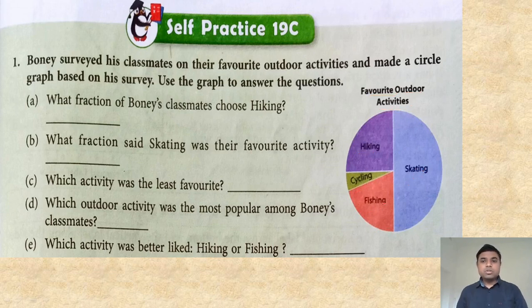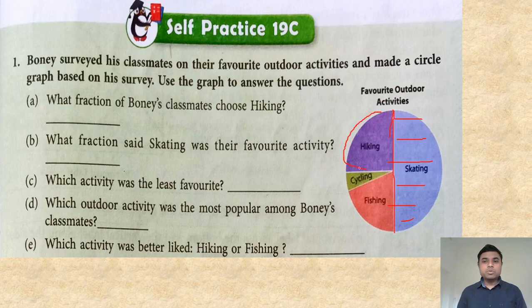Okay. So, dear students, you can see if we divide it in this way, this portion is half portion. That means students in this portion like to skate. Their favorite activity is skating.